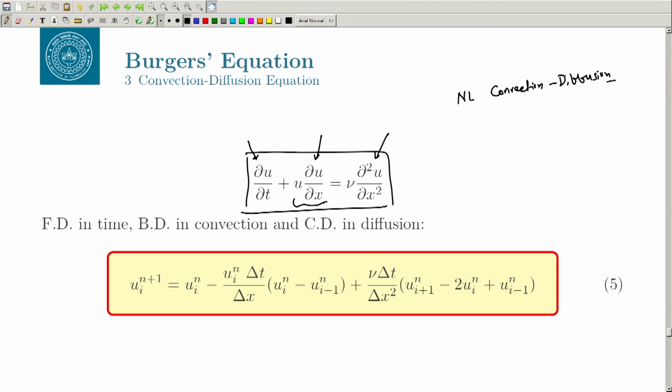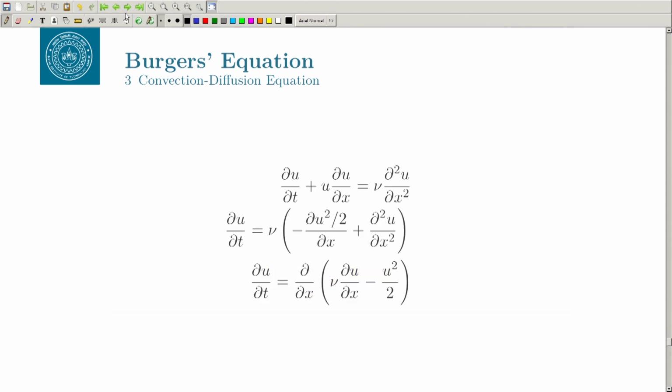So, the same approach that we have used earlier: forward in time, backward in space, and central in space for the diffusion term, and this is how your scheme will look. Okay. And you can solve the Burgers equation for the problem that we have discussed earlier, but I am going to show you the solution matched with a theoretical solution.